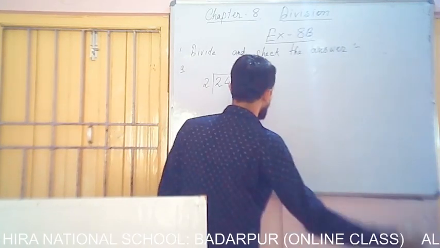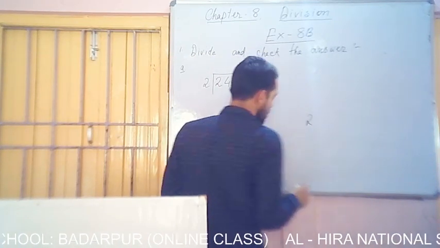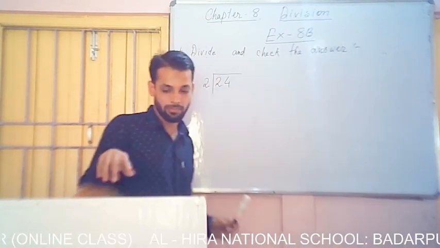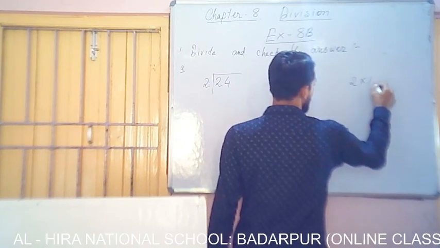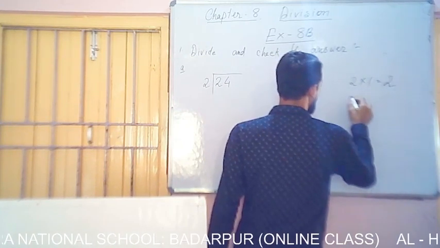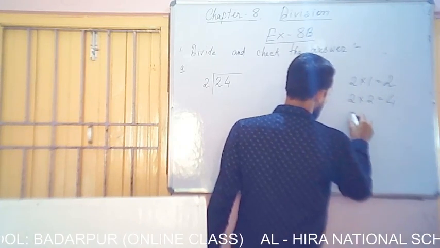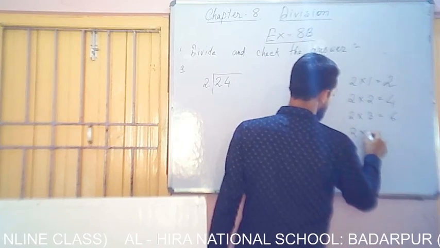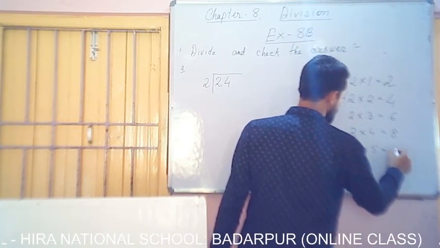That means by any means the dividend must be greater than the divisor. Okay, so here you see, 2 multiplied by 1 equals 2. 2 multiplied by 2 equals 4. 2 multiplied by 3 equals 6. 2 multiplied by 4 equals 8. 2 multiplied by 5 equals 10.